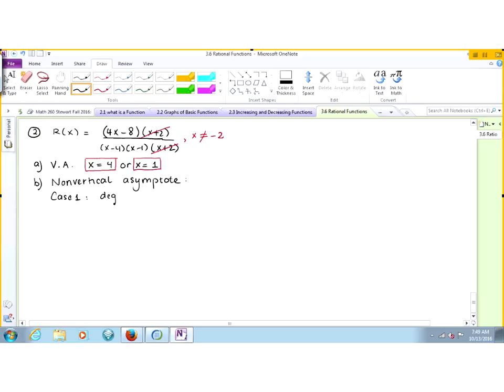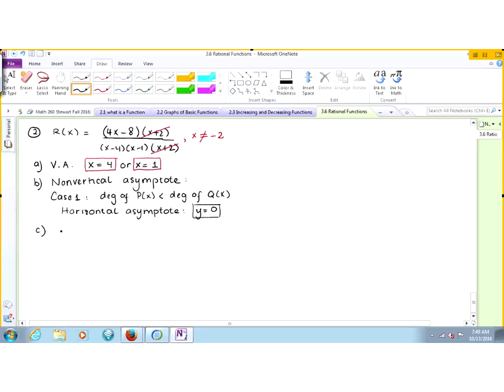So the degree of P of x is less than the degree of Q of x. So what happens? We have a horizontal asymptote. And what is the equation of the horizontal asymptote? y is equal to 0, right? Okay. Good.